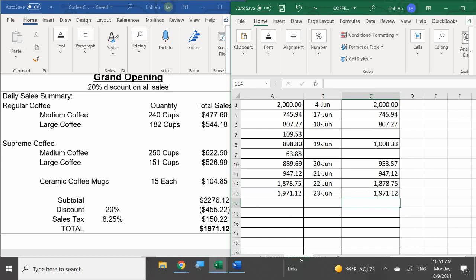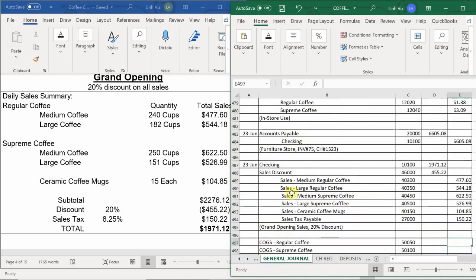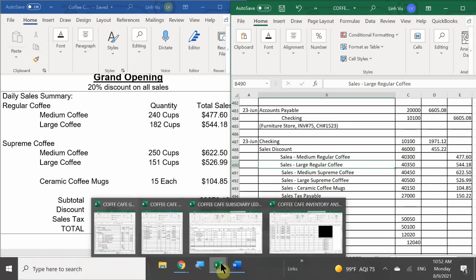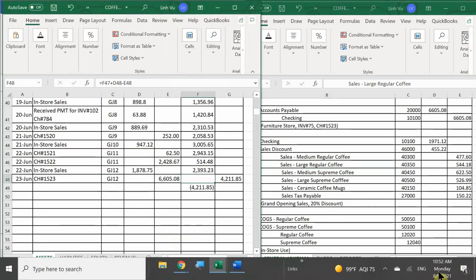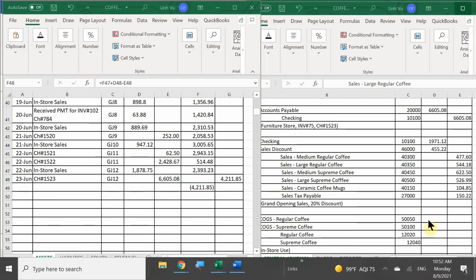Okay. So they go to 1971.12. Okay. So now that I have my money deposited into the bank account, I don't have to worry about coming back and finishing that off. So in this case, I'm going to go directly to my ledger account, and first things first is going to be my checking.